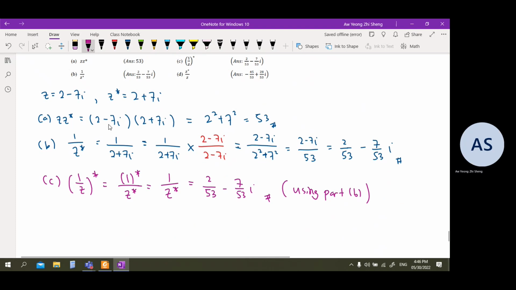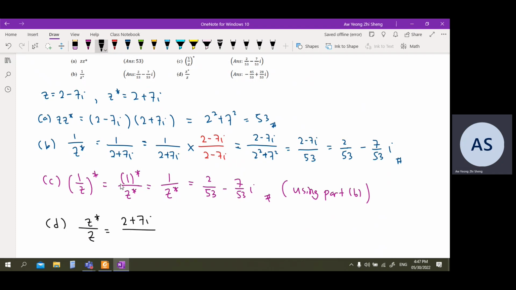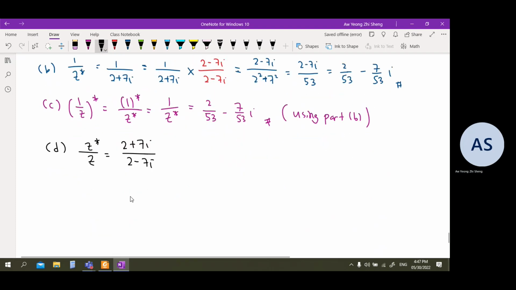Okay. And the last one, z star over z. Z star is 2 plus 7i. Z is 2 minus 7i. Okay.